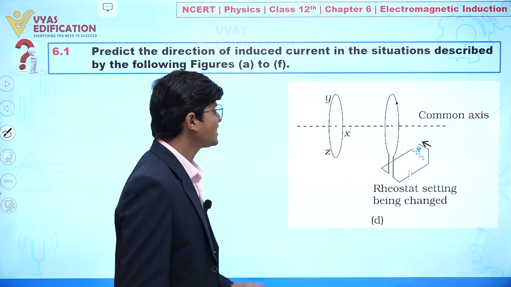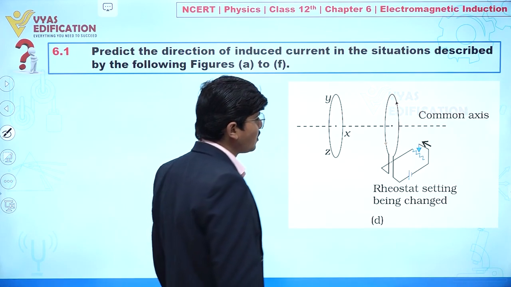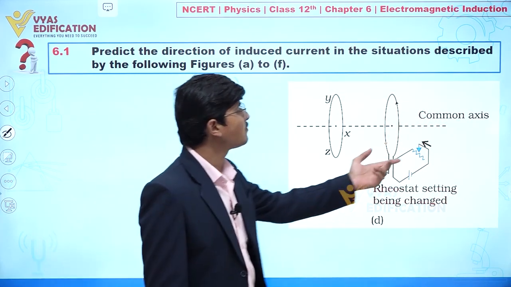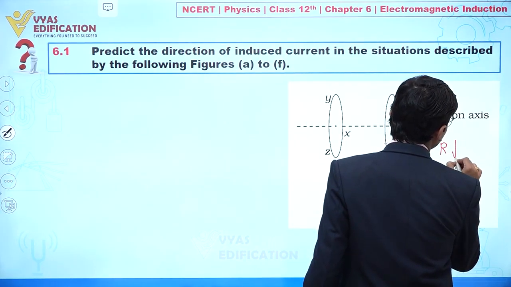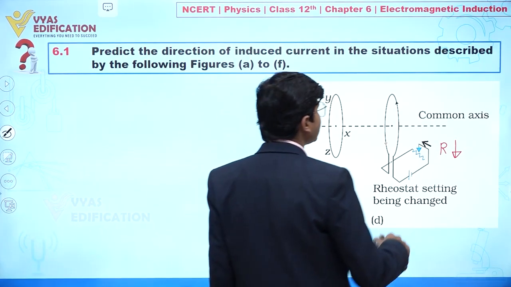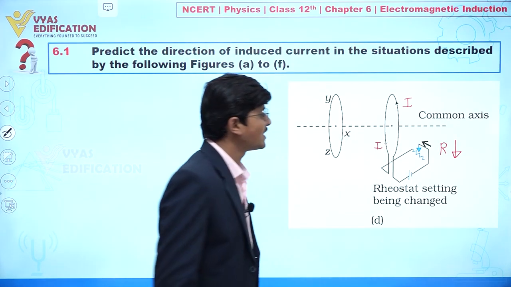Now this is part number D, and in part D it is given that the rheostat setting is being changed. Let's suppose initially we have some resistance, and let's suppose the resistance value is decreasing. As the resistance value decreases, the current flowing in this coil increases, clear?